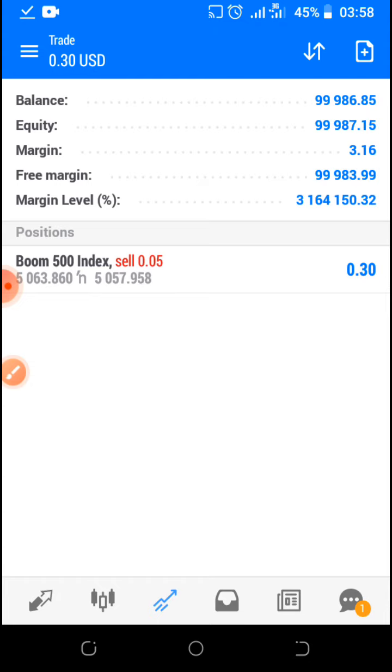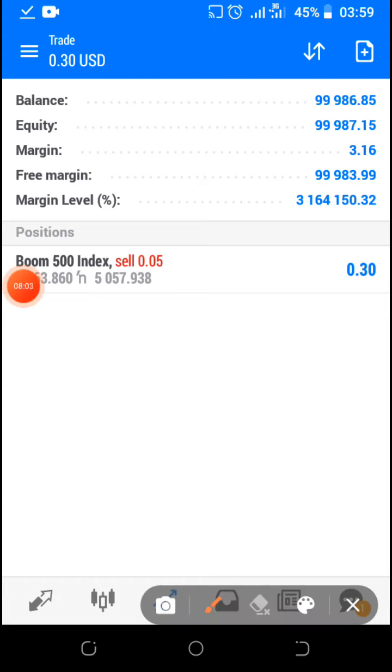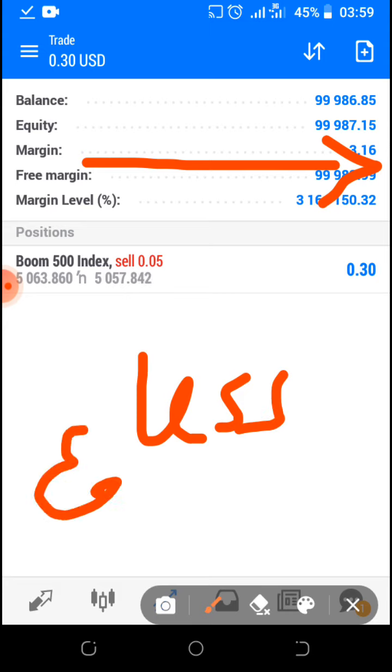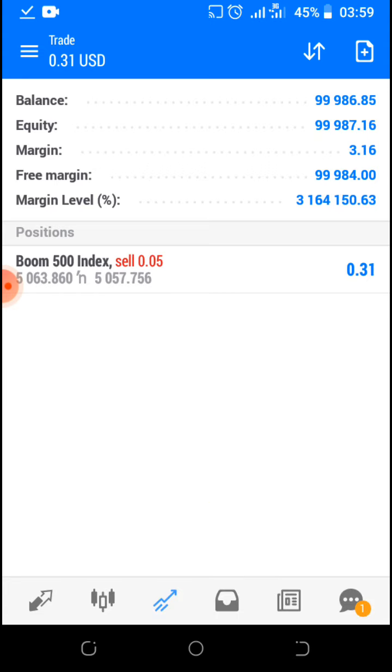The reason is that when your margin requirement is less than your equity or balance, you can place a trade. But when your equity is smaller than the margin requirement, you cannot place that trade.